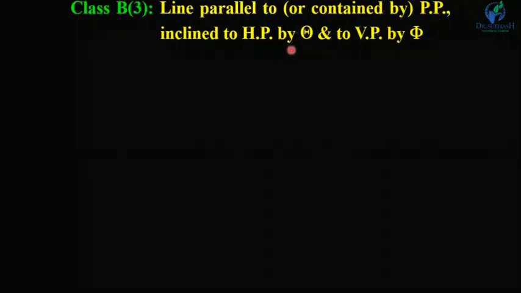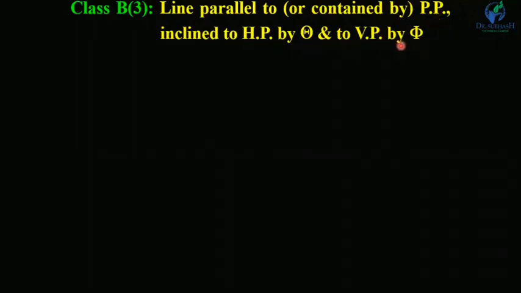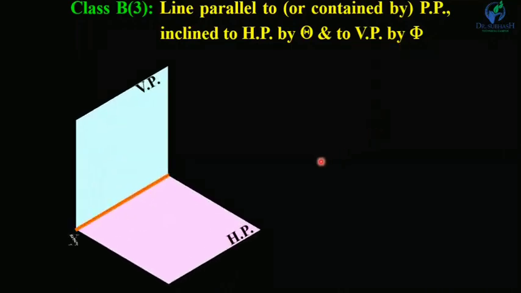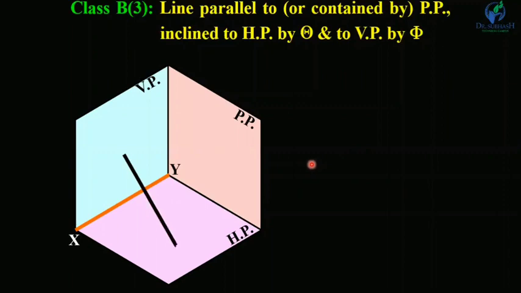Now class B, third position: line parallel to or contained by the profile plane and inclined to HP by theta and to VP by phi. Now here you can see this line AB, which is inclined at angle theta with HP and inclined at angle phi with VP.